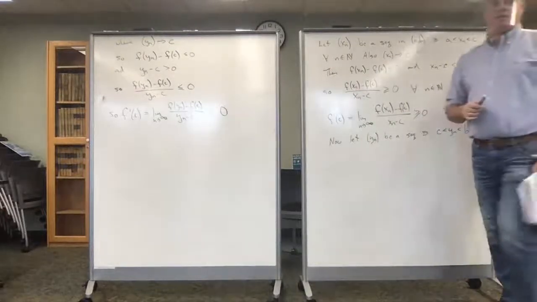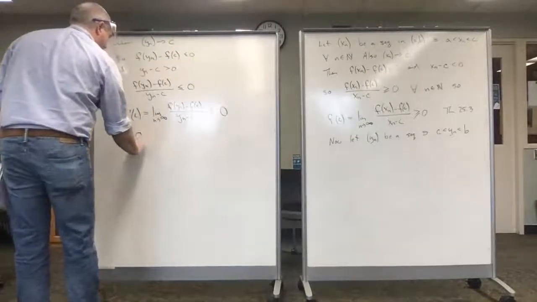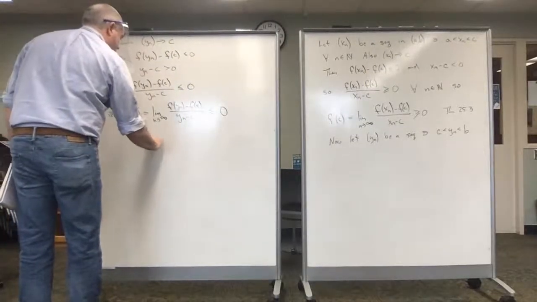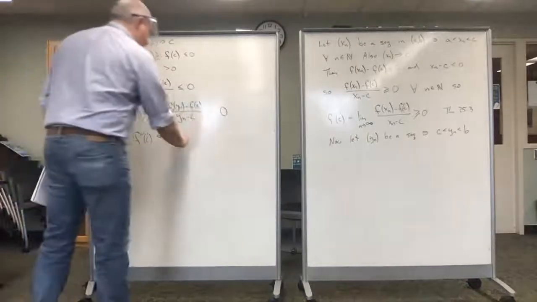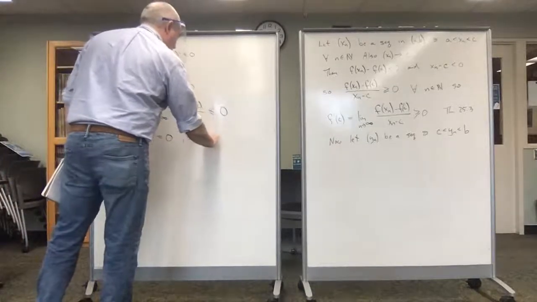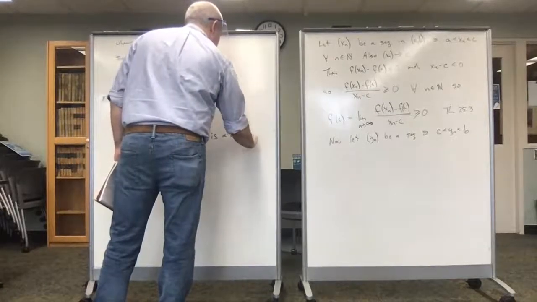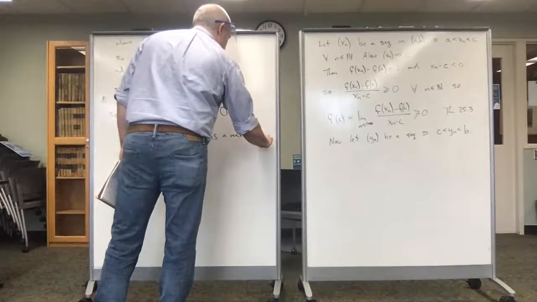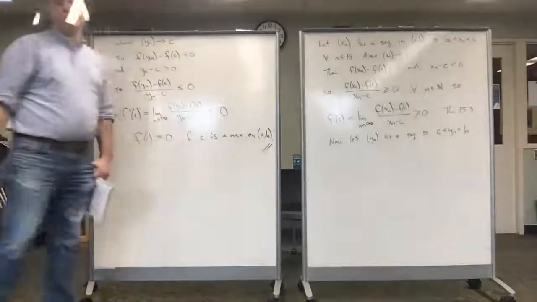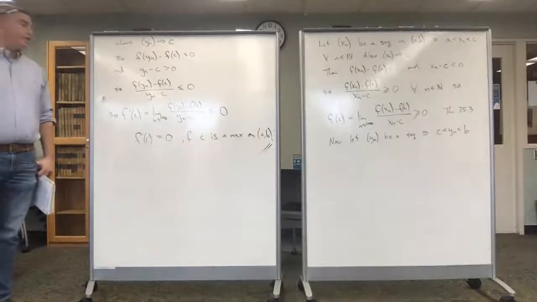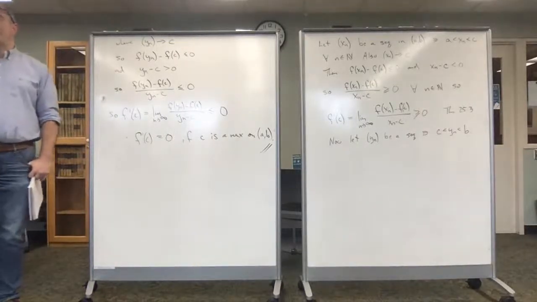And so I can conclude that f prime of c is 0 if c is a max on the open interval from a to b. And we're done. Without loss of generality, the exact same argument could be made for a minimum.